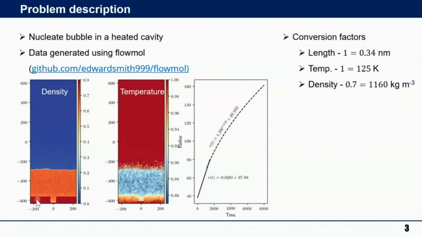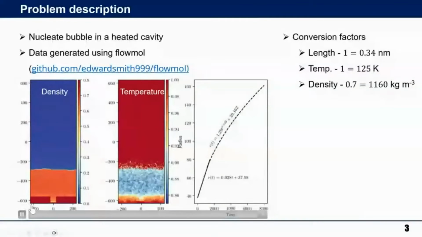And so we have the red region at the bottom of the domain, which is a wall, and there is a cavity within the wall. As we introduce some heat into the system, at some point you will see some vapor generated inside the cavity, and this vapor region keeps growing as more heat is introduced into the liquid domain.